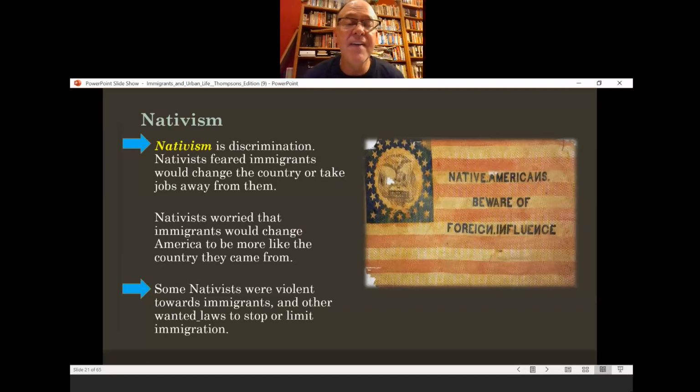And so they are fearful, and this is the answer to the previous question, why would they be anti-immigrant? It's because they're fearful that these new people coming in are going to change the country or take jobs away from them. Sound familiar to current times? Sometimes it sounds very familiar.